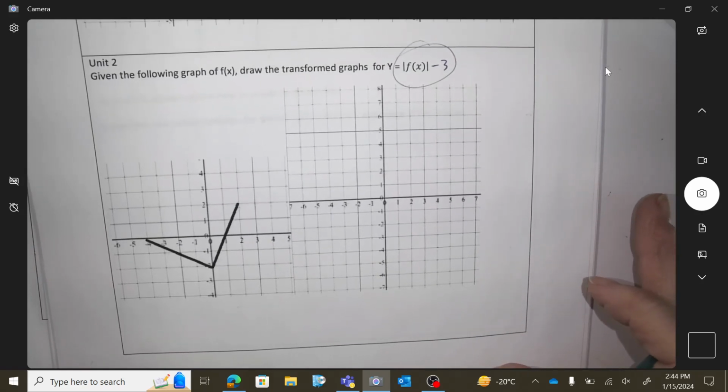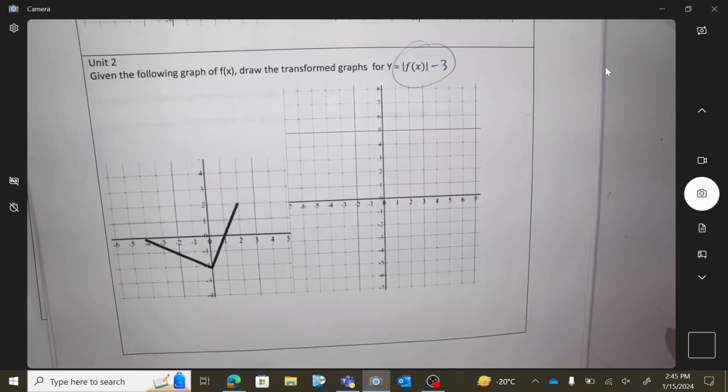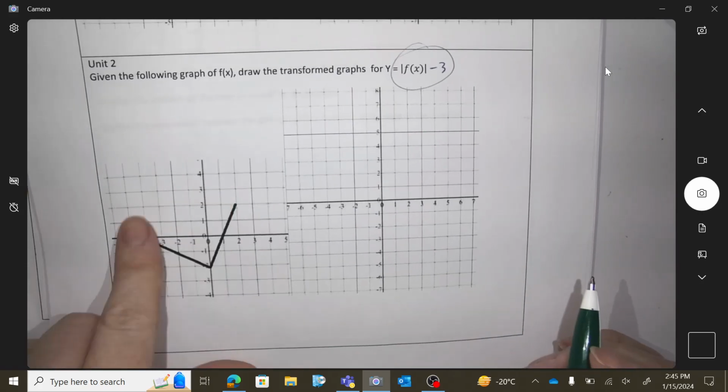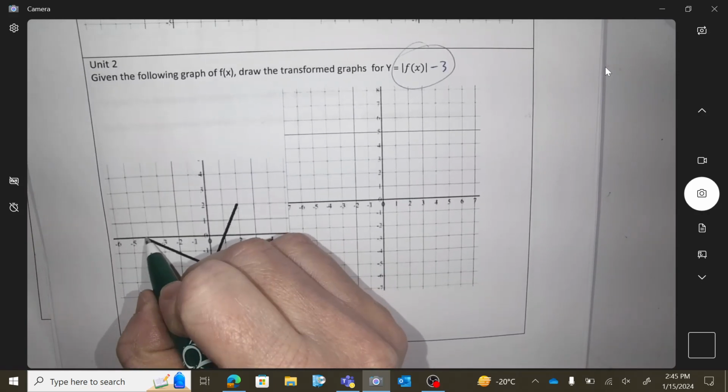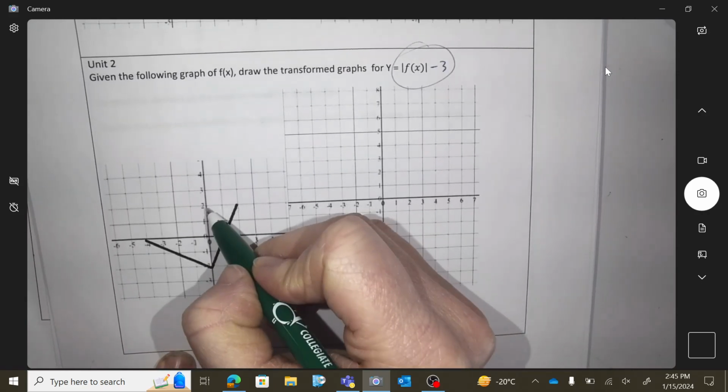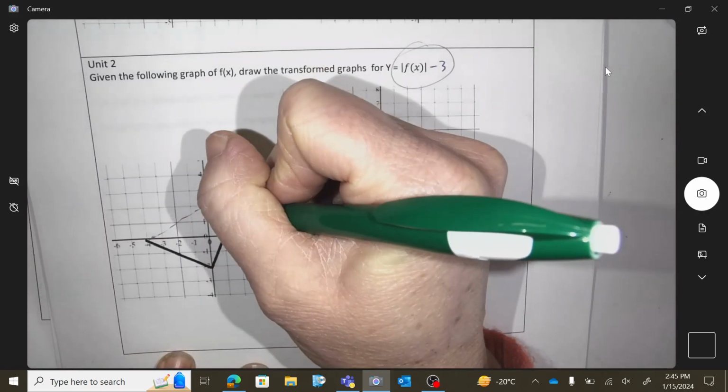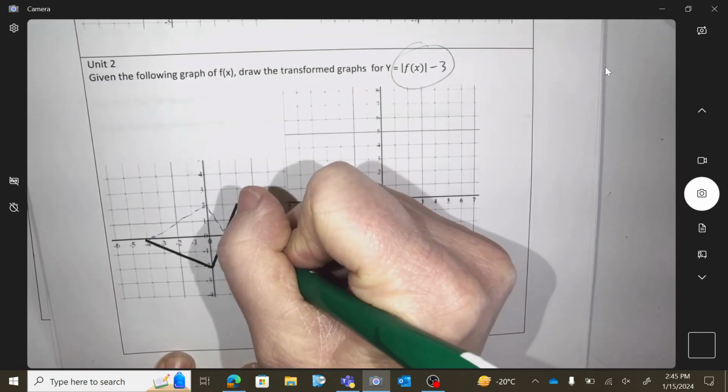Absolute value of it, minus 3. So, step by step, what's the first thing? Should you absolute and then go down, or down and then absolute? You got it. Absolute. So what I'm going to do is physically absolute this. So this point stays. This changes positive. This overlaps.